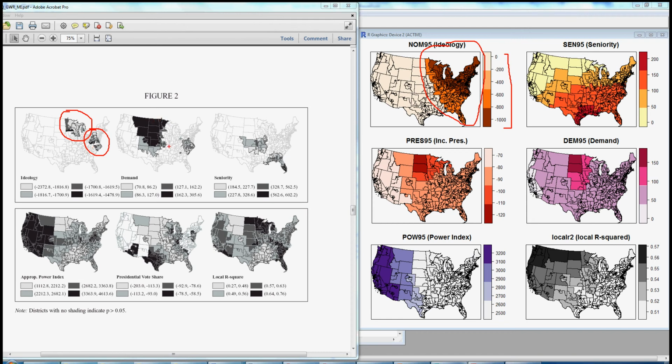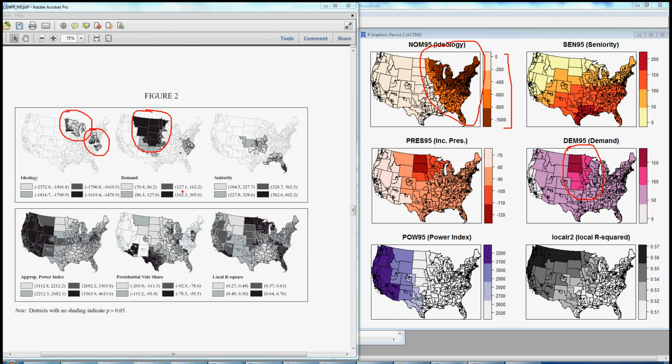Moving to demand, you also see some different patterns in statistical significance. But the effect is strongest, you would say, in the upper Midwest here. If we look at demand in our results, the statistical significance is broader. It covers more of our geographic units, but the strongest result is in the upper Midwest as well.